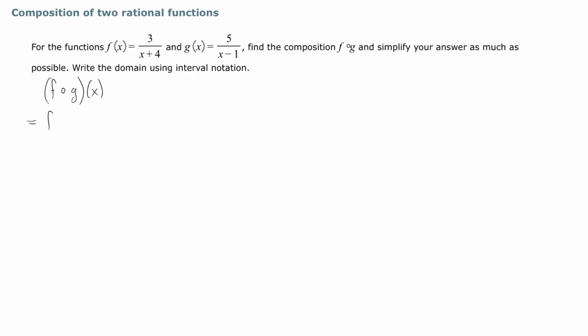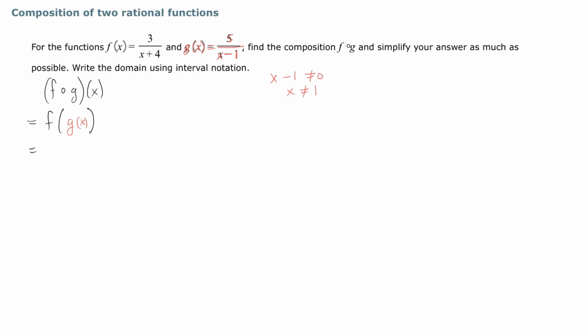By definition, that is f of g of x. And remember what g of x is. g of x is equal to 5 over x minus 1. We already know x minus 1 cannot be 0, so x cannot equal 1. So that's already a very important detail.